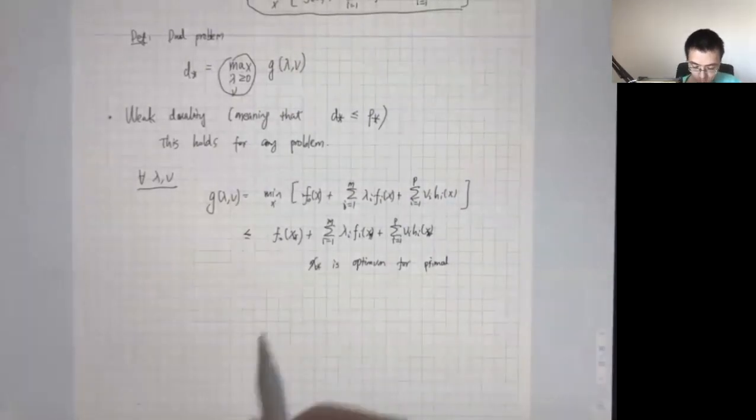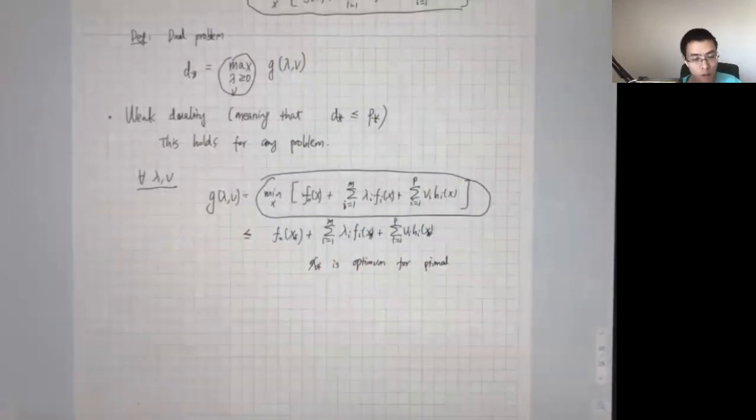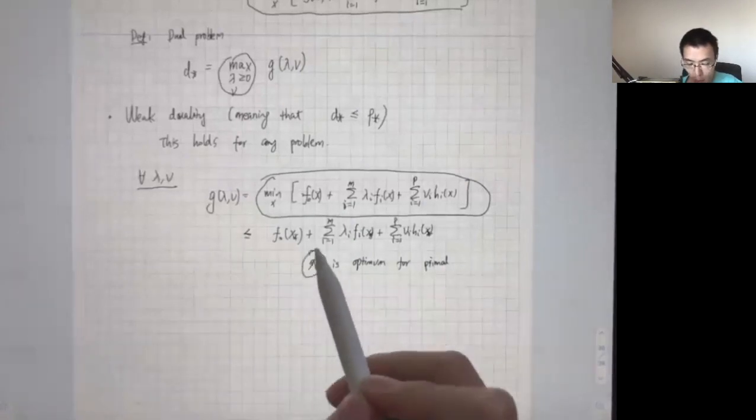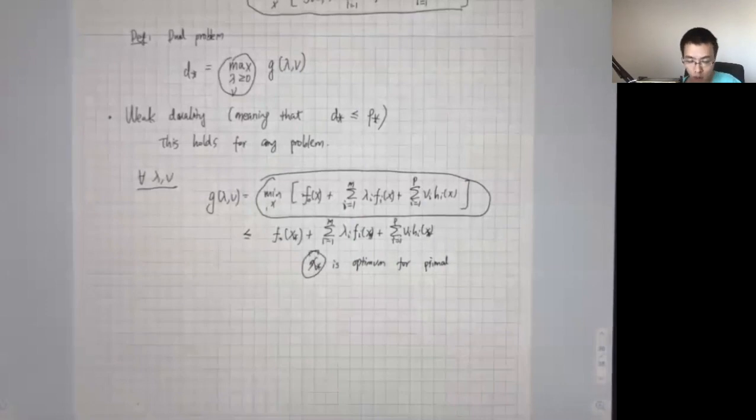Because here I don't have any constraint, I'm taking the minimum over all kinds of x. Now here is a particular x, then the minimum is definitely less than or equal to the value at one of the x, right? So it definitely holds.